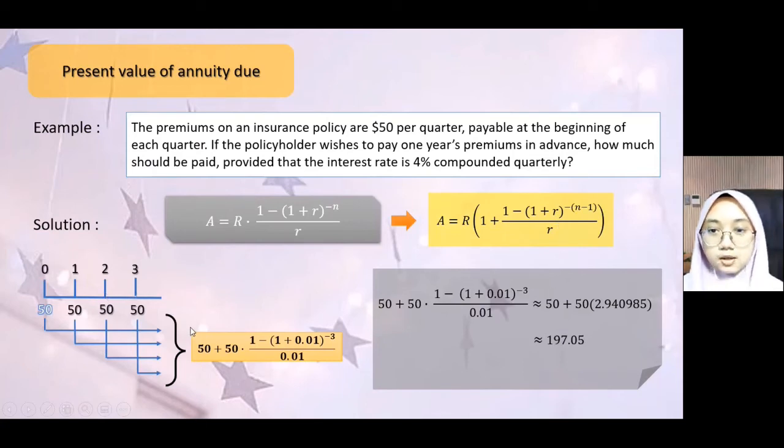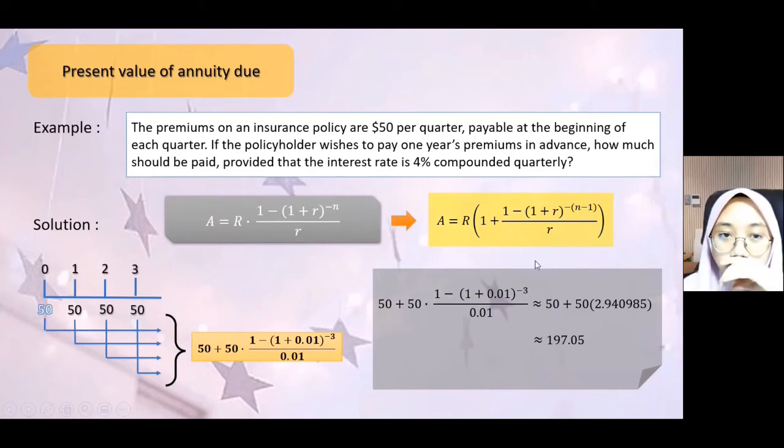Oh, I'm sorry, it was my mistake. That means there are 4 periods of time, because there are 4 payments.